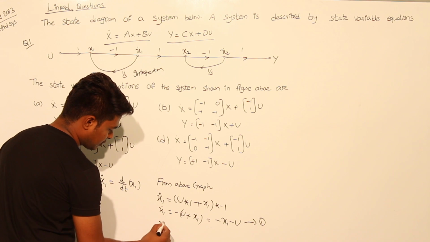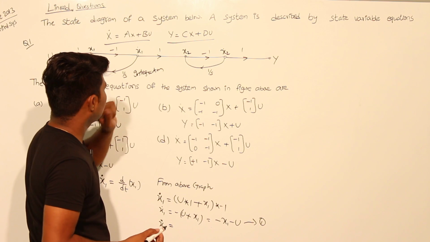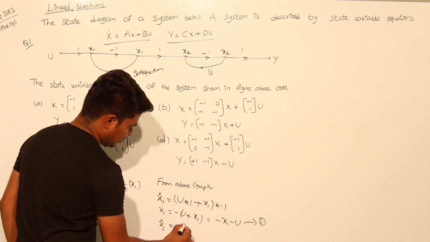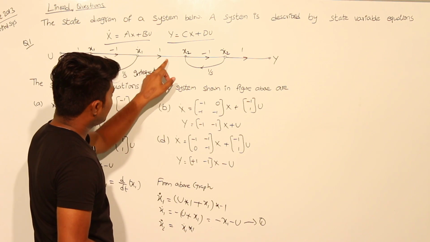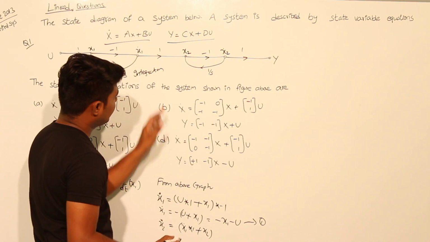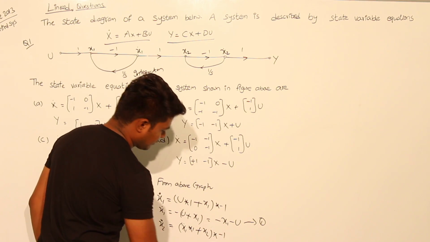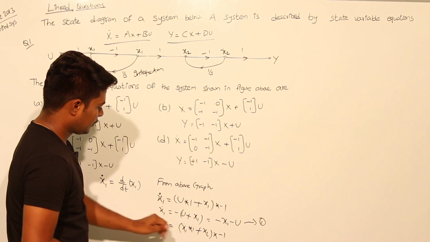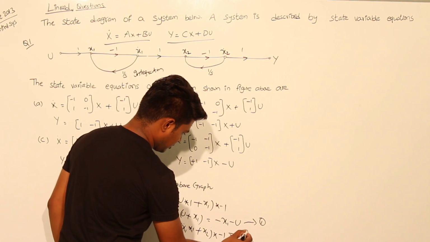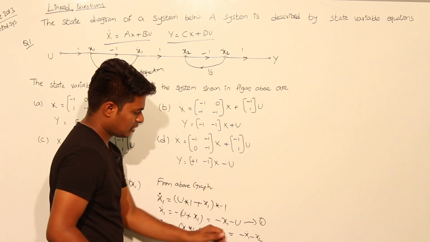Similarly, you can write x2 dot: you take x1 dot multiplied by 1 and add to x2, and this whole thing is multiplied with minus 1. This gives x2 dot equal to minus x1 dot minus x2.